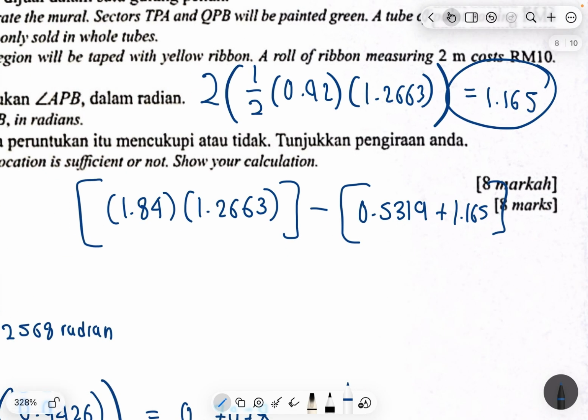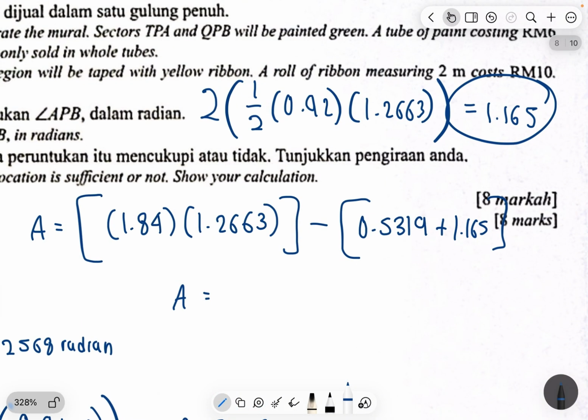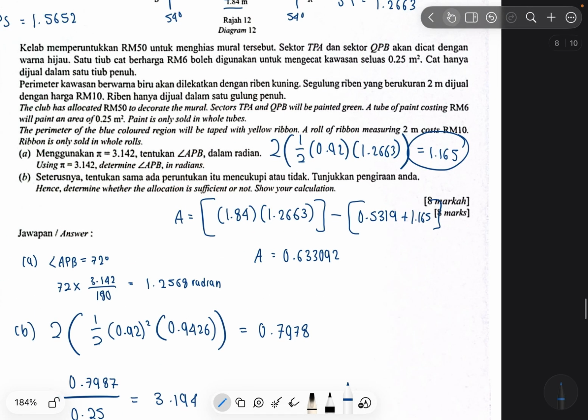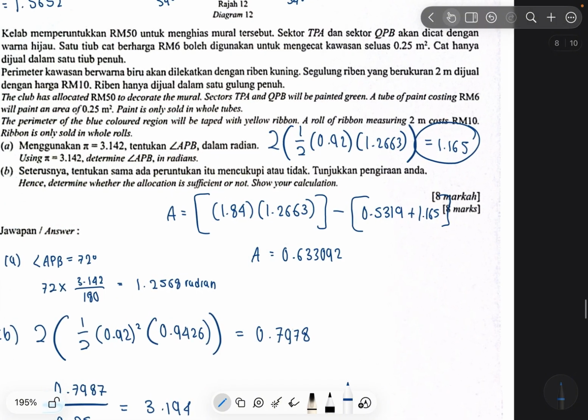So you get the area of the shaded region. I'm just going to click my calculator. Hopefully it makes sense. Okay, I get 0.633092. So this I have to divide by 2.